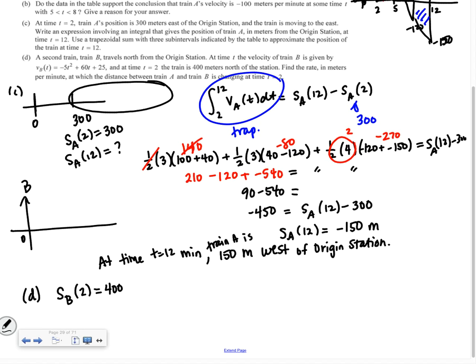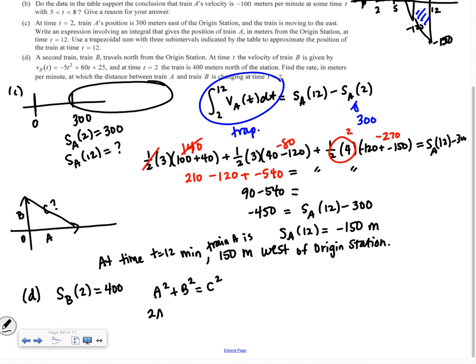So hopefully you recognize what's happening here. We have a right triangle, and we have the distance for B, the distance for A, and we're trying to find this distance right here. So I'm going to call this A and this B, really. I have a right triangle, so I'm going to set it up using A squared plus B squared equals, we'll just call that C, C squared.